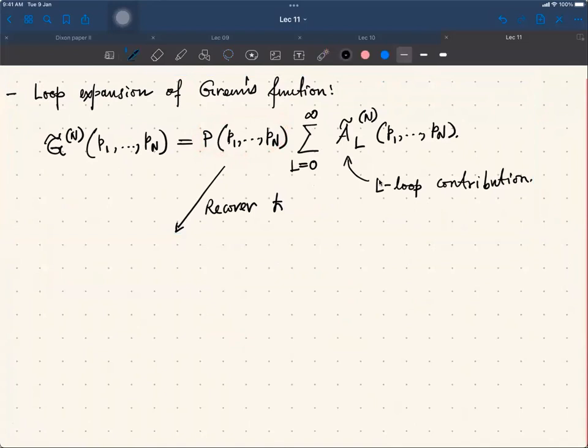So this will be h bar to the power n capital P (p1 to pn), and L equal to 0 to infinity.